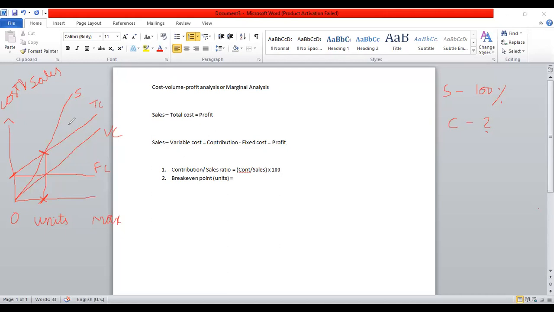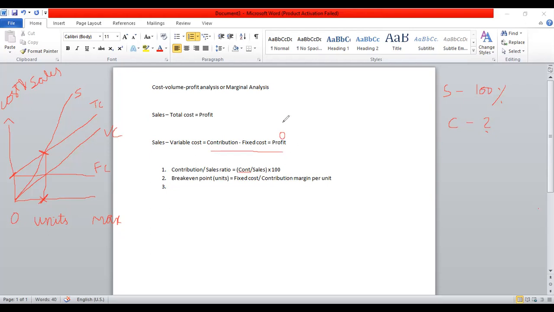Equation-wise, it will be total fixed cost divided by contribution margin per unit. But what's the logic? Why are we writing this one? If there is no profit, no loss, profit is equal to 0.